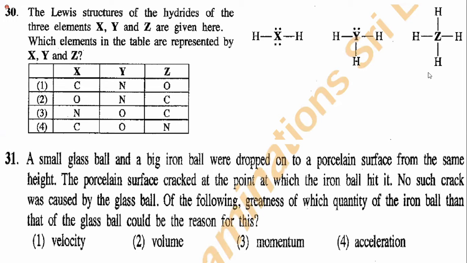No such crack was caused by the glass ball. Which of the following quantities of the iron ball, greater than that of the glass ball, could be the reason for this?